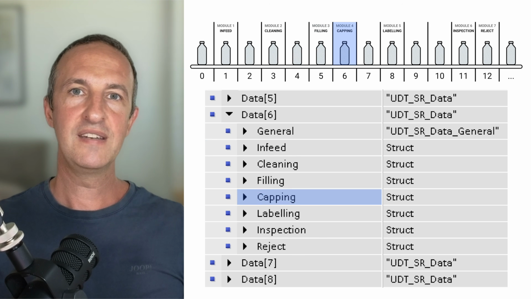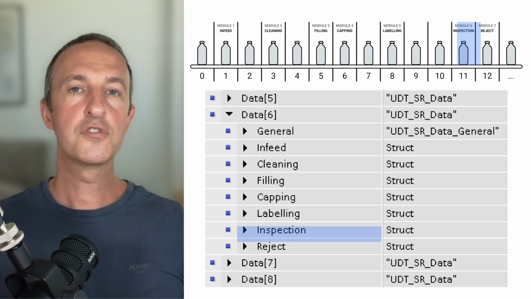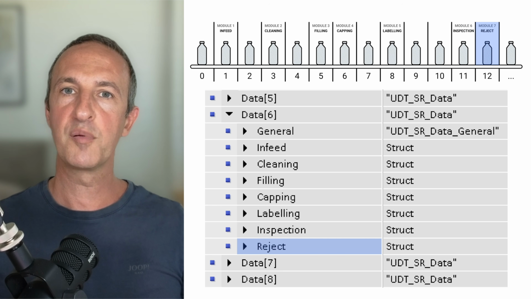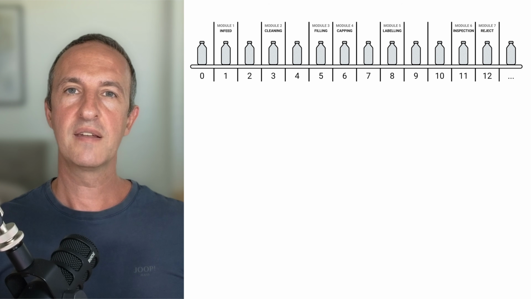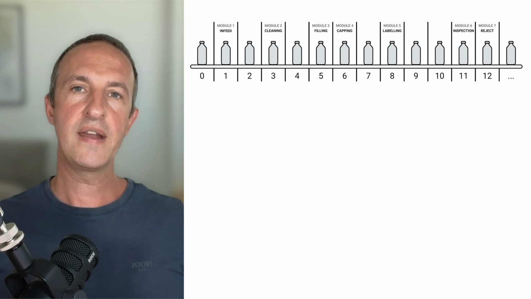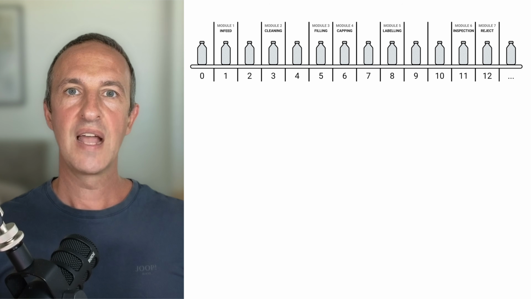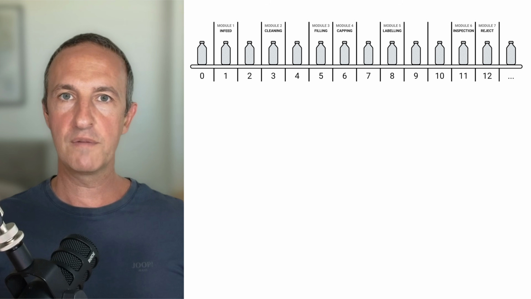Each element in the array represents a specific position on the production line and also serves as a data container for all processing information related to the product at that position. So if we use our bottling line example again, as a bottle moves along the line, each station like in-feed, cleaning, filling, capping adds its own data to the array element that matches the bottle's current position.